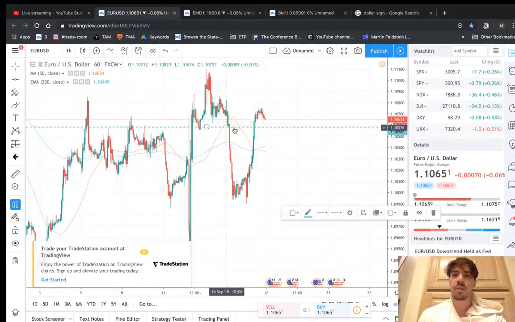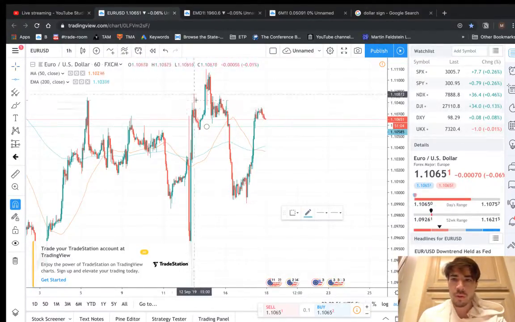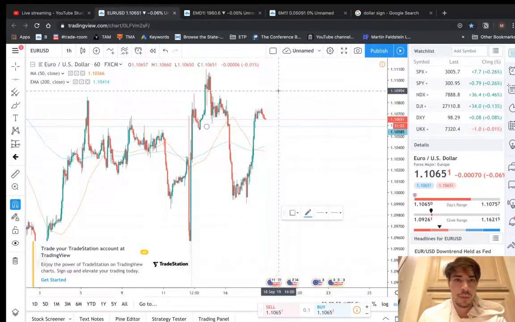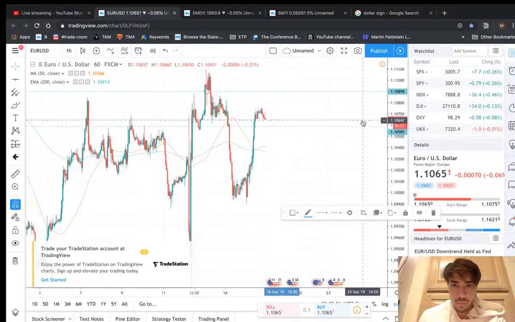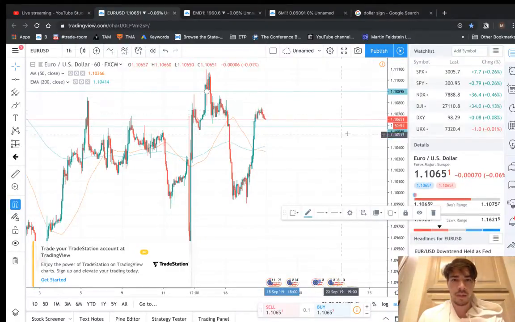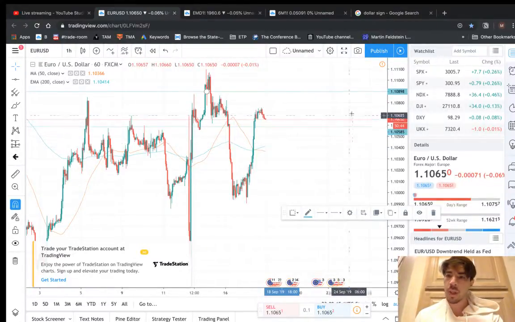Same here. So this is a big level in this area. And if we hit it, what we're looking for is a jump up to this level at 1.109. So this is a fairly big target in the world of foreign exchange.